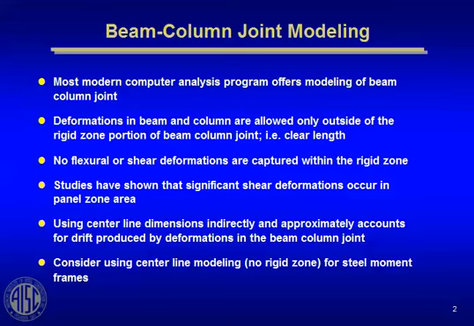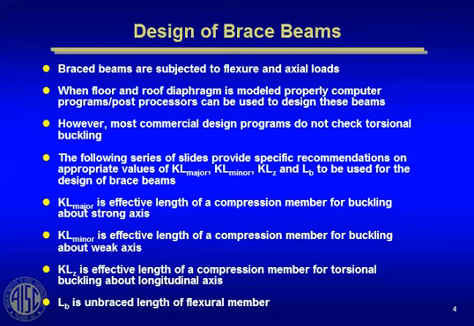This next series of slides, we're going to talk about design of brace beams. And when I say brace beam, as I mentioned earlier, I'm talking about beams that are part of braced frame systems, like the beam involved in a chevron bracing system or the beam involved in an X-brace or a diagonal brace system. Those elements are unique in the sense that not only do they potentially have gravity load on them, but they also could have large axial loads on them.